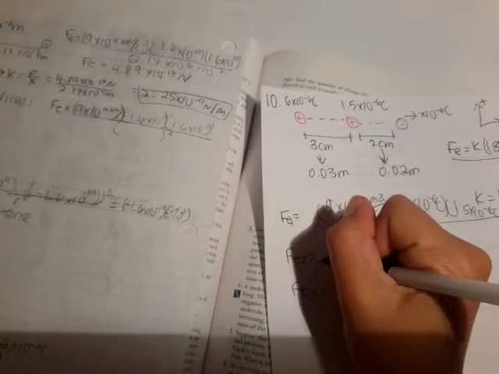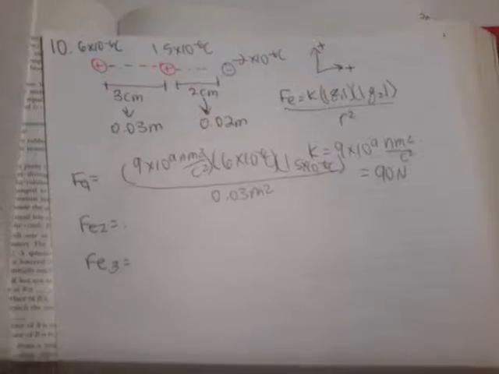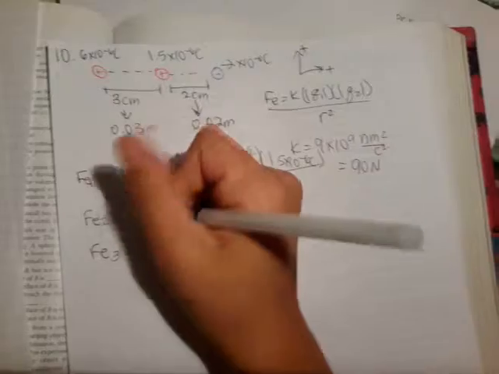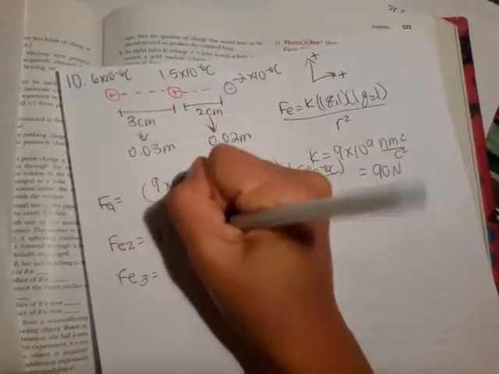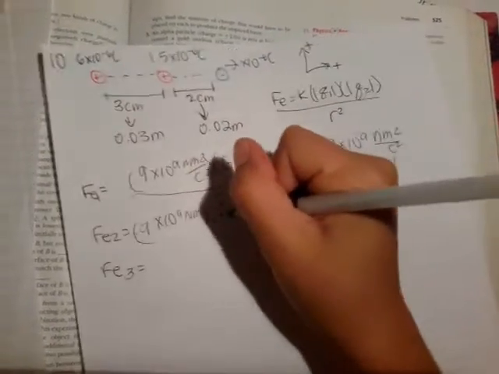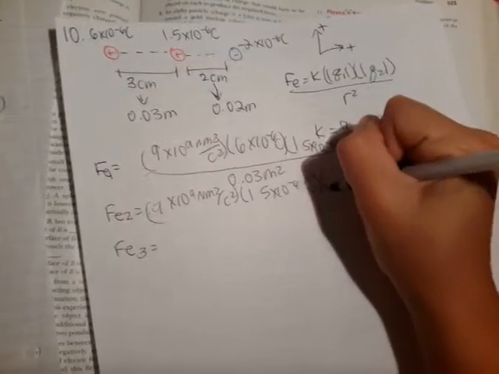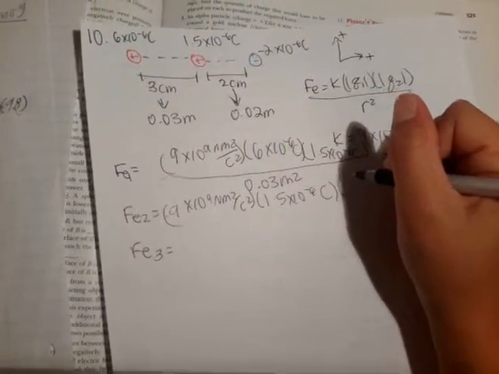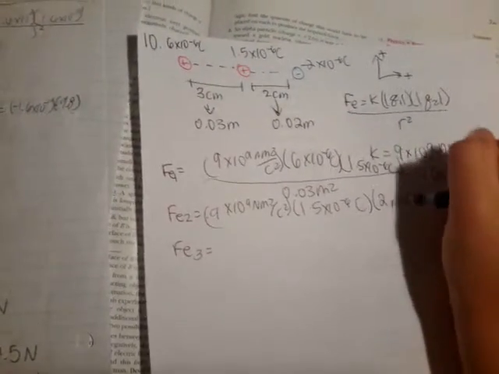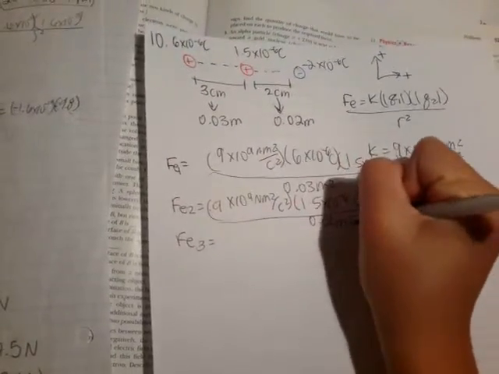For the second force, we do the middle proton and the electron, so that's going to be 9 times 10 to the 9th meters squared per coulomb squared times 1.5 times 10 to the negative 6 coulombs times, this is going to be the absolute value, so it's positive 2, 2 times 10 to the negative 6 coulombs, all over 0.02 meters squared.